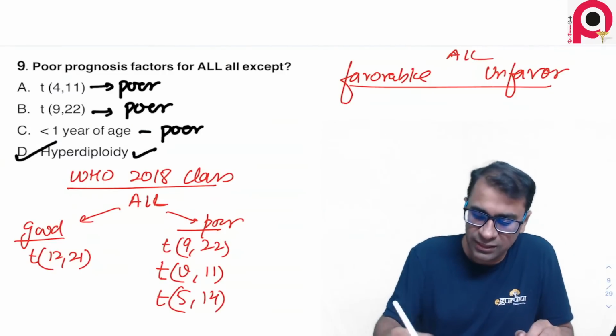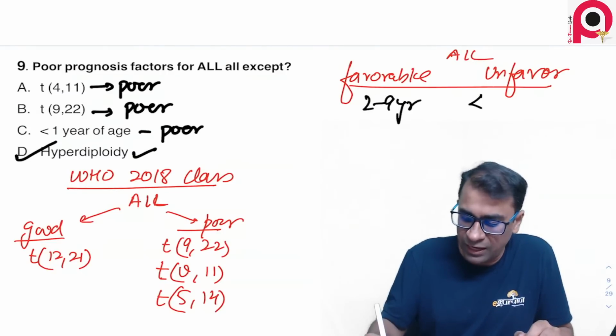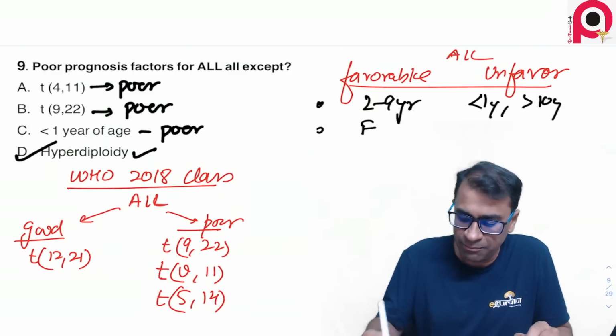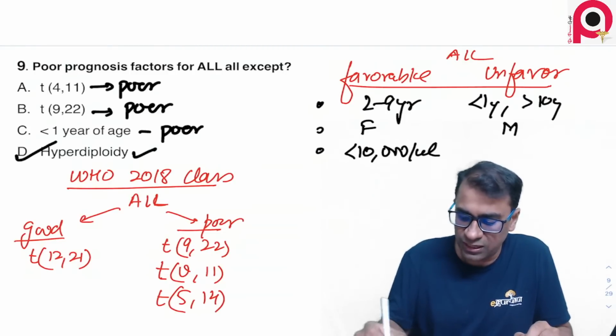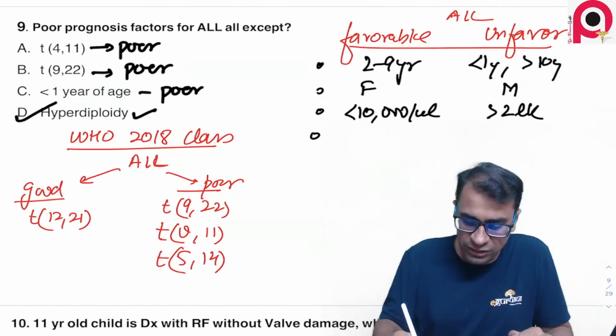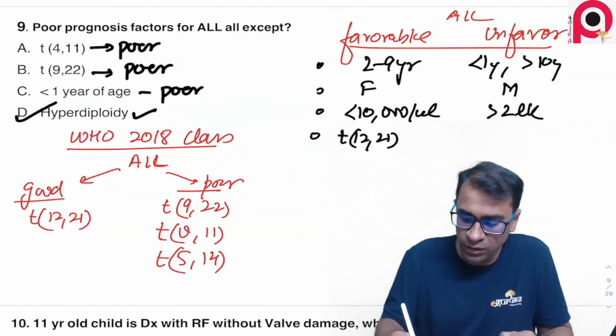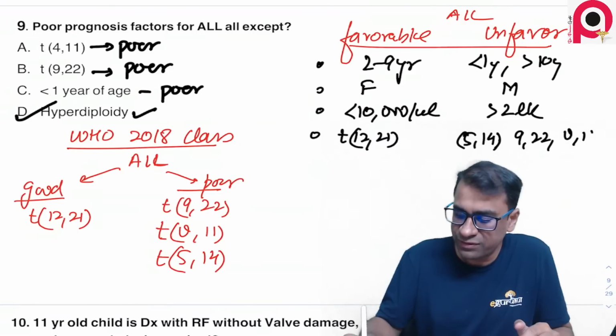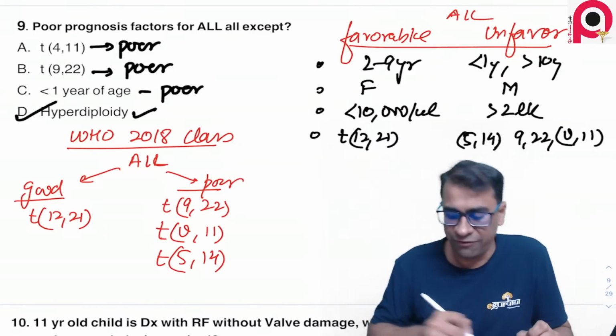Age-wise, between 2 to 9 years is favorable, and less than 1 year or more than 10 years is an unfavorable prognosis. Females have better prognosis compared to males. A TLC of less than 10,000 is favorable, above 2 lakh is unfavorable. In the WHO classification, translocation 12;21 is good, and all others like 5;14, 9;22 or 4;11 are unfavorable.